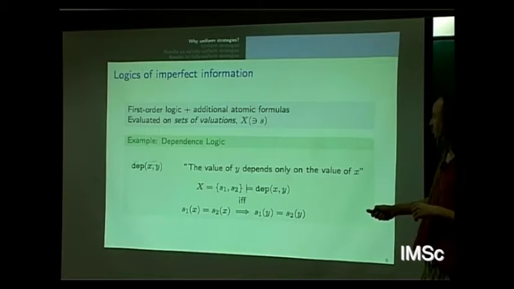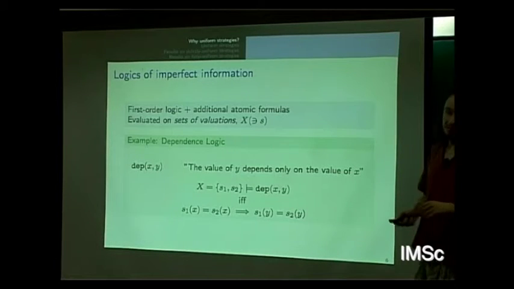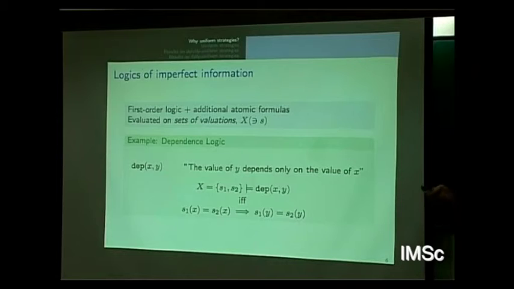So X and Y are variables, and this says that Y depends on X, or more precisely, the meaning would be that the value of Y is completely determined by the value of X, or the value of Y depends only on the value of X.